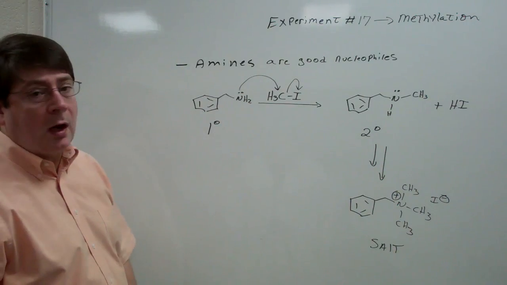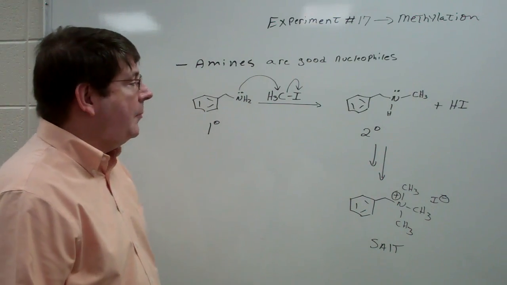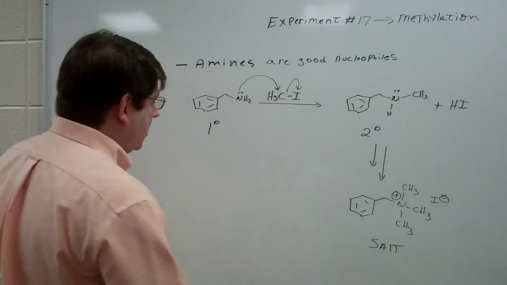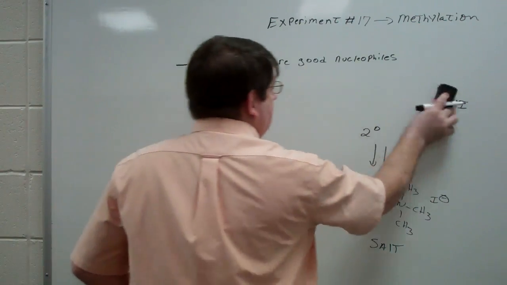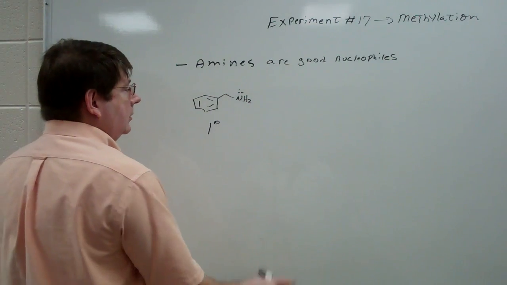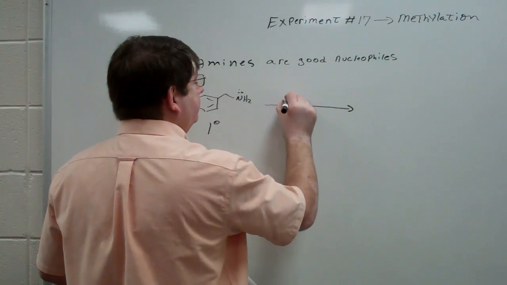And that's where the Eschweiler-Clark methylation reaction comes in. It's actually a nice way to stop at the tertiary amine and avoid this overalkylation problem. And so what we're going to do this week is a reaction where we start off with a primary amine, and we're going to use a mixture of formaldehyde.